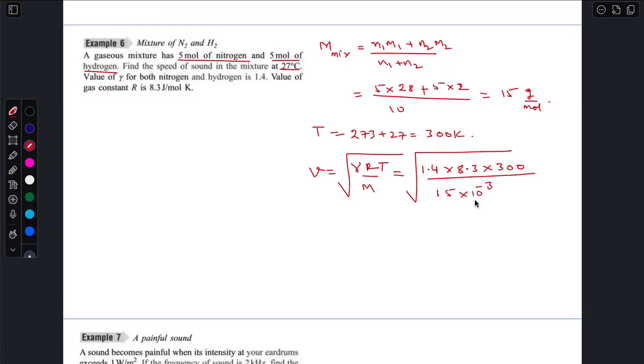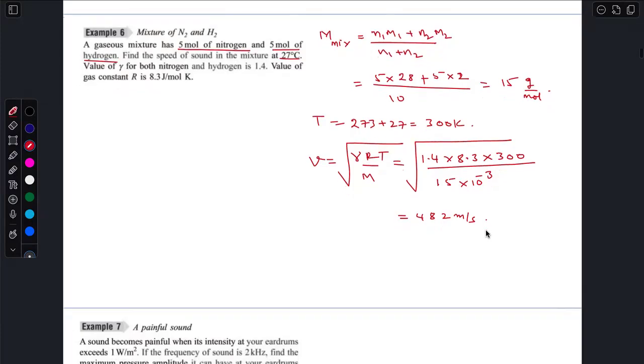Done. Trust me, by doing which you will get 482 meter per second speed. Right. Okay? Clear? Well, these are basic, so I'm not spending much time on this because my idea is the next question.